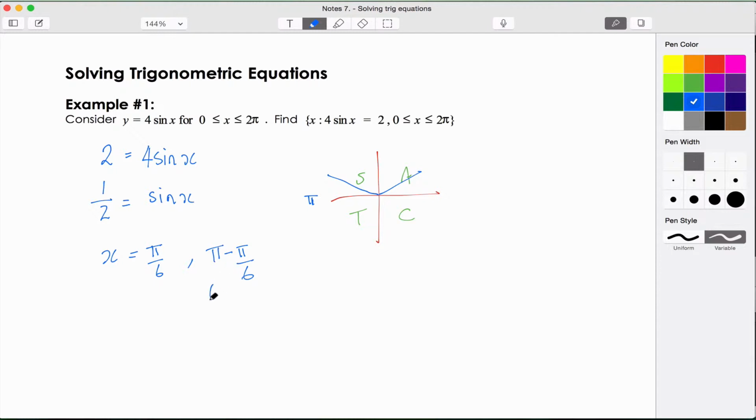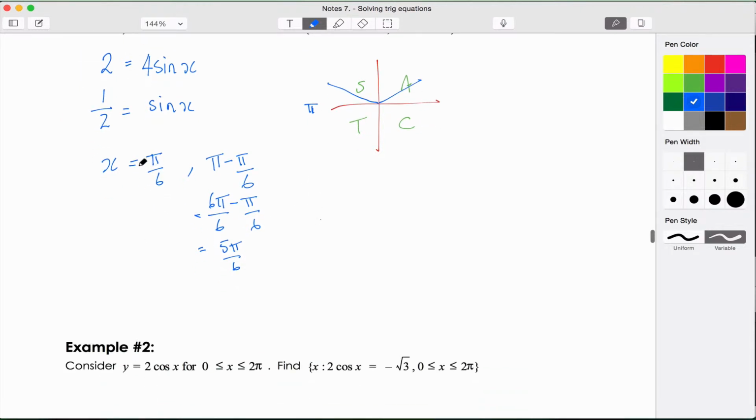And this will be equal to 6 pi over 6 minus pi over 6, which equals 5 pi over 6. If we kept going around here, sine is negative here, sine is negative here, and we've got around to 2 pi, which is where we needed to finish. So your final solution should be x equals pi over 6 or 5 pi over 6.